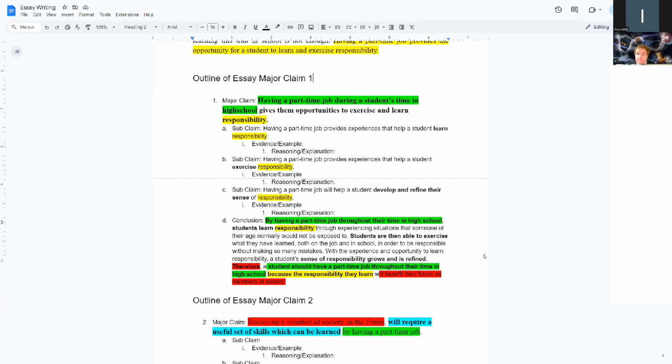But actually, that's informative. If you want to persuade about penguins, you can say people should care about penguins. They're endangered, like that.